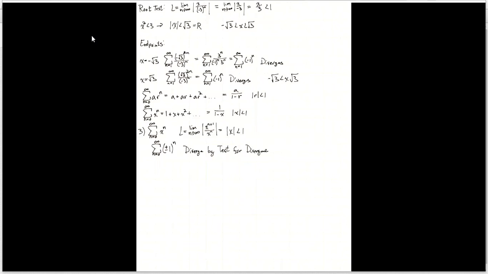Okay. So let's go ahead and look at our next example, number 4. We've got g of x, and it's equal to 1 over 1 plus x to the third.